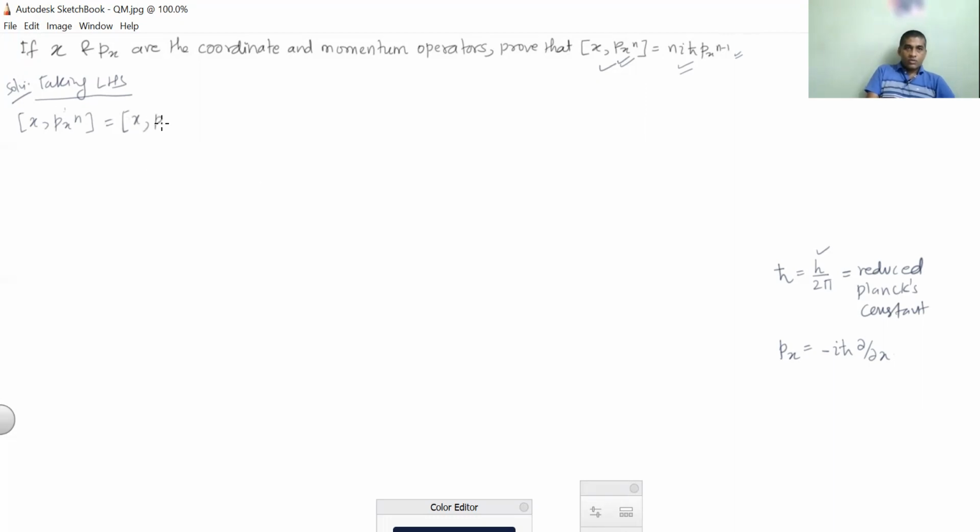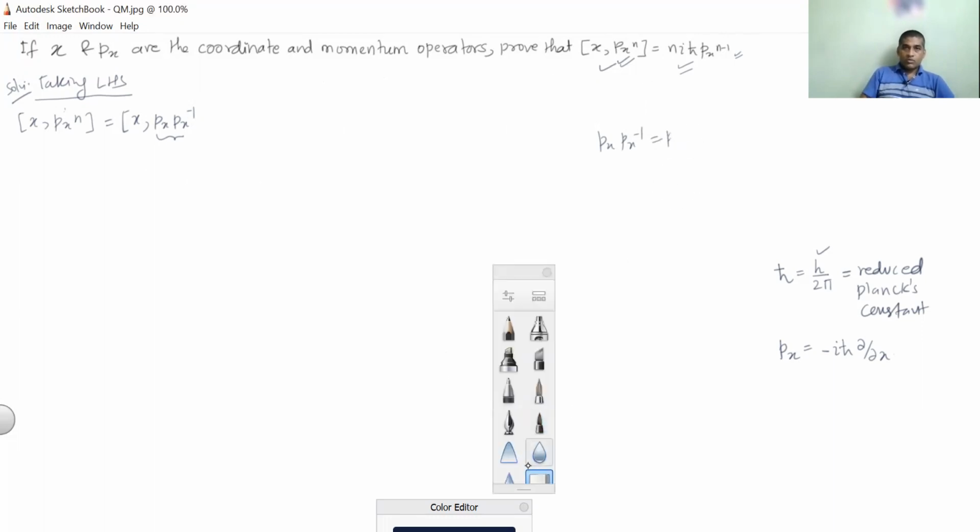Let us write px and px power minus 1, and this product gives us the value 1. So we have px power 1 and px power minus 1. So px power 0 is 1. We are using a simple mathematical trick, and we have px power n.